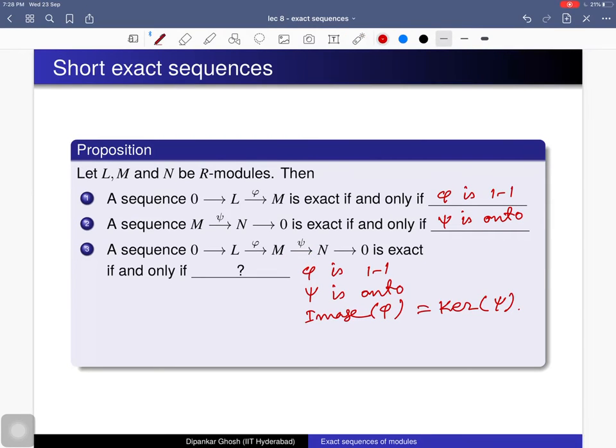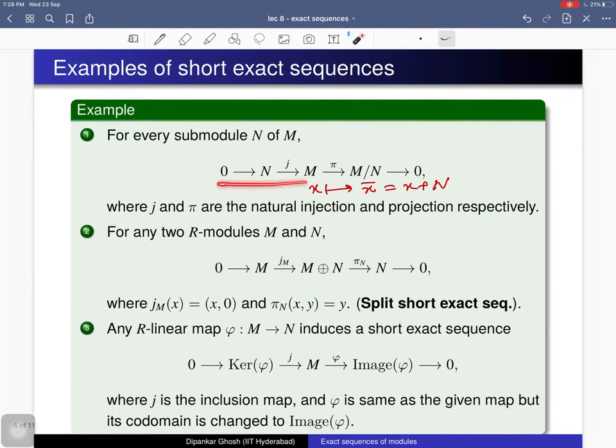Therefore, by the first isomorphism theorem, M mod kernel psi is isomorphic to N. So, up to isomorphism it is just a quotient module of M. So, this sequence is exact if and only if, up to isomorphism, it looks like this.